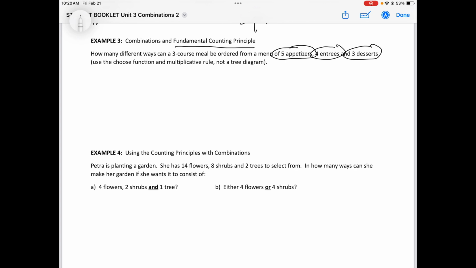So a 3-course meal essentially has 1 app, then we have 1 entree, we're going to multiply these, and then 1 dessert. Okay, so this is how we do this with the choose function. We have 5 apps, and we're going to choose 1 of them. Times, there's 4 entrees, and we're going to choose 1 of them. And there's 3 desserts, we're going to choose 1 of them.